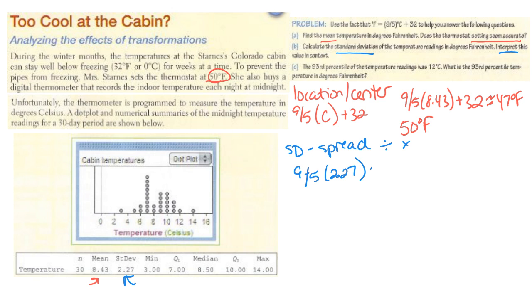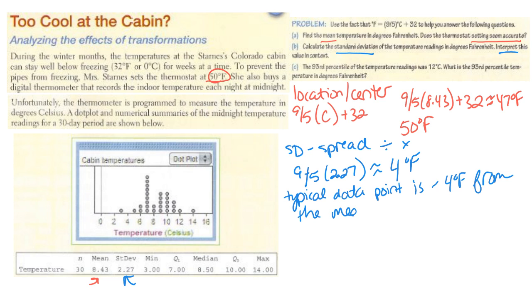So I'm only going to apply the multiplication part, which gives us a variation of approximately 4 degrees Fahrenheit. So when I interpret this in context, our typical data point is approximately 4 degrees Fahrenheit away from the mean of 47 degrees Fahrenheit.